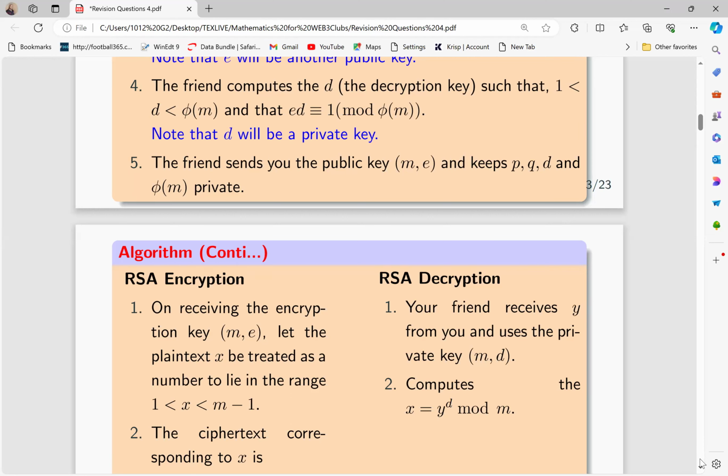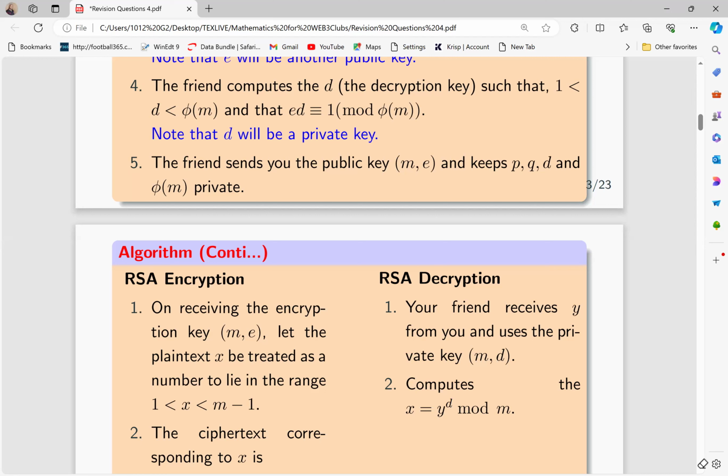If you want your protocol to be secure, you use large prime numbers. And I showed you last time in the lesson that if you have a very small number, you can easily factor it into its prime factors. You can easily factor it. But if you have a very huge number, it's hard to factor it.